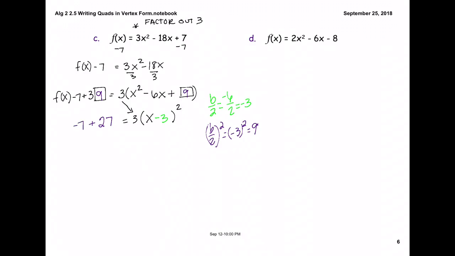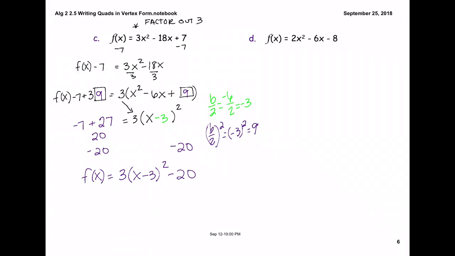Combine our like terms, so we have a positive 20. The inverse of positive 20 is subtraction. So we have f of x is equal to 3 times the quantity of x minus 3 squared minus 20.